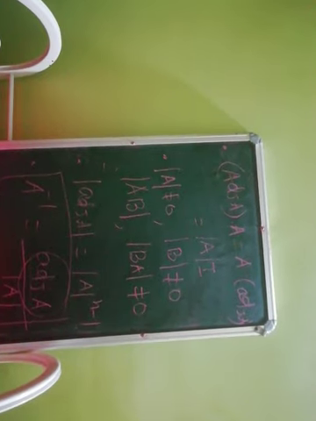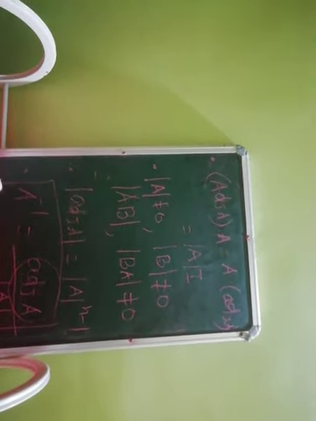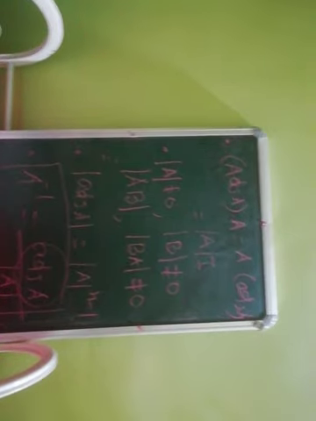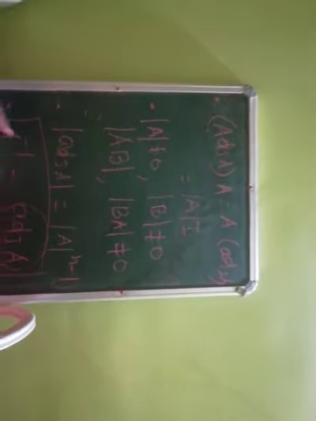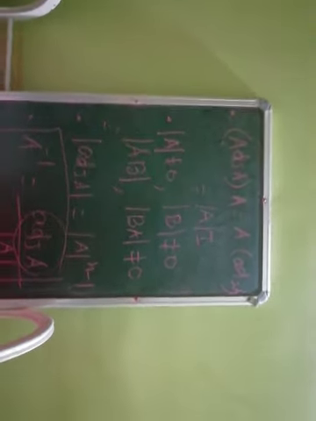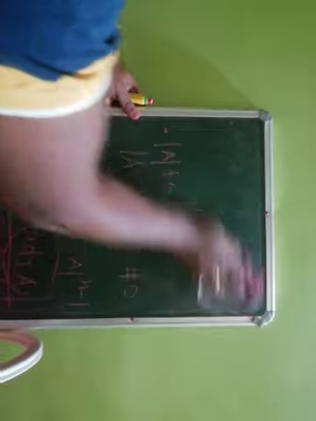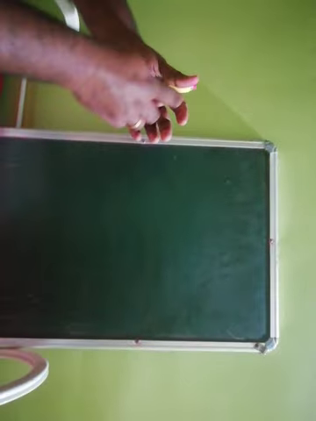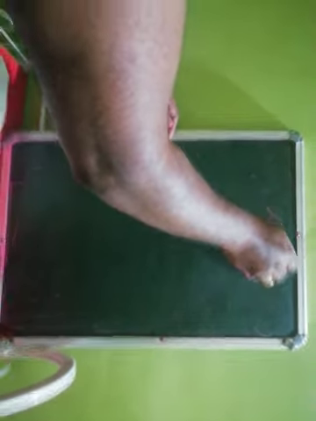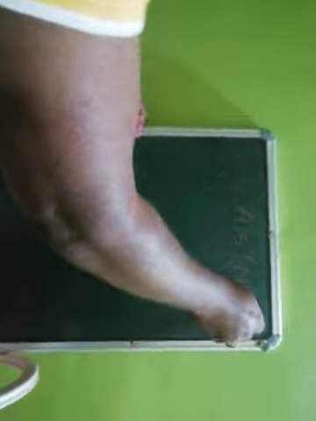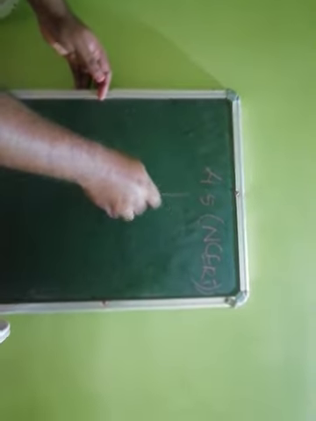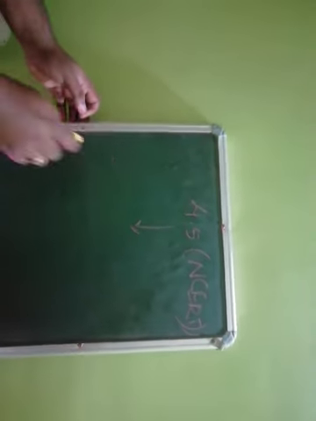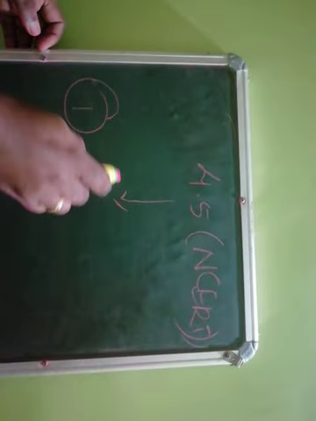So in the next session we will see how to find the inverse using this formula. That is, we will do the problems. By that time you can do the problems of exercise 4.5 of NCERT. The problems which you can do are question numbers 1, 2.